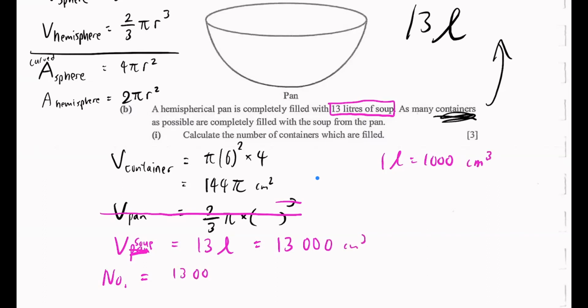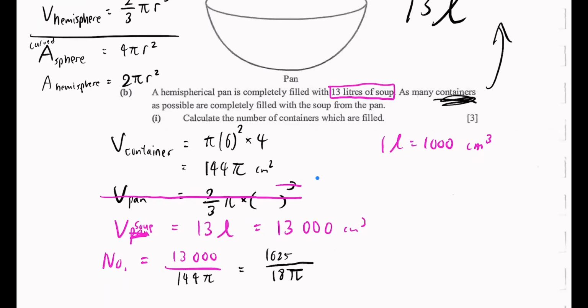So you just need to take 13,000 divided by 144 pi. Let's leave it in exact terms. 13,000 divided by 144, I get 1625 over 18 pi. The pi must be in the denominator.